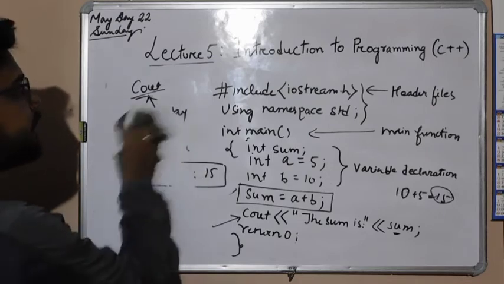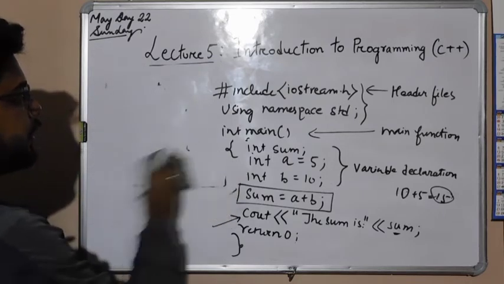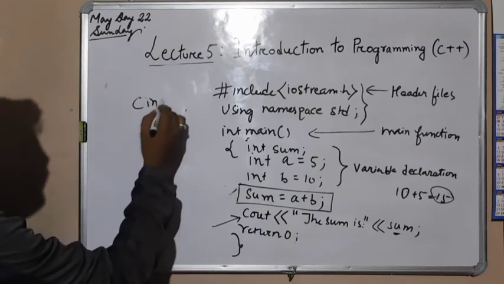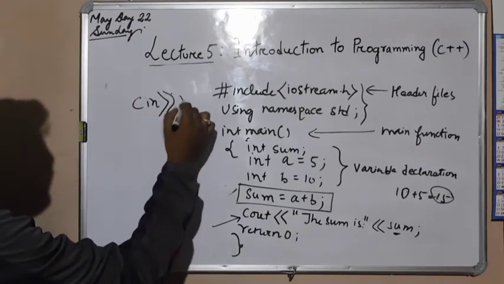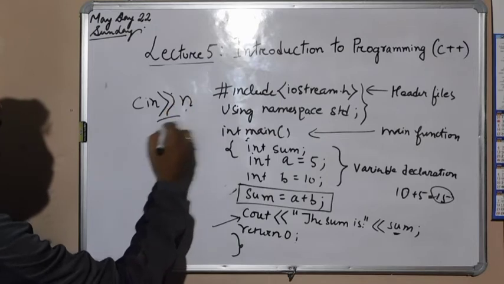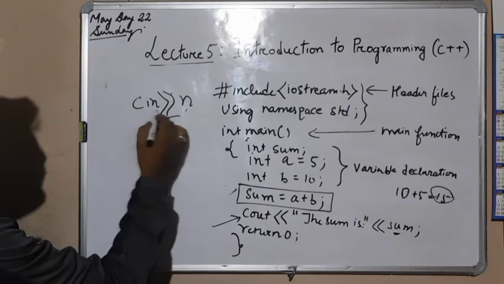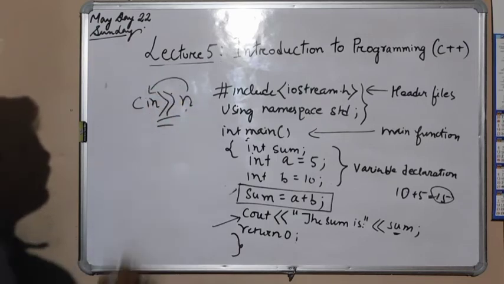Okay. Now similarly, there is another function known as cin. cin, suppose n. So cin n, what does it mean? It means that it is asking the user to put values. That means what?